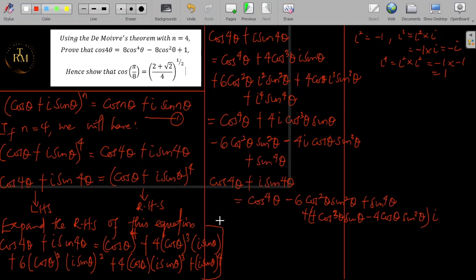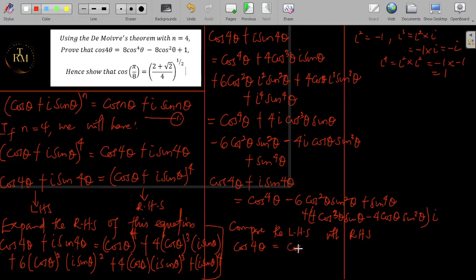So at the end of the day now, if I compare the left-hand side with the right-hand side, this is what I'm going to have. My cos 4θ on the left-hand side, which doesn't have an i, will be equal to the terms that don't have an i on the other side.